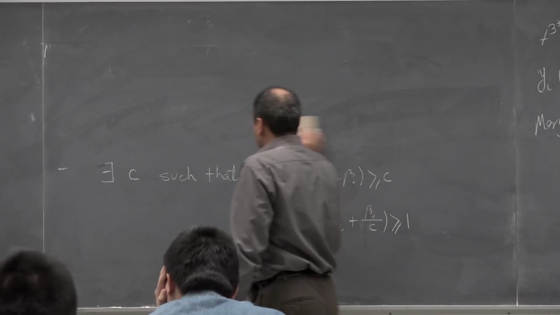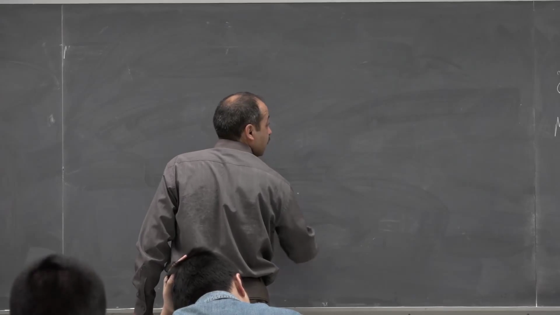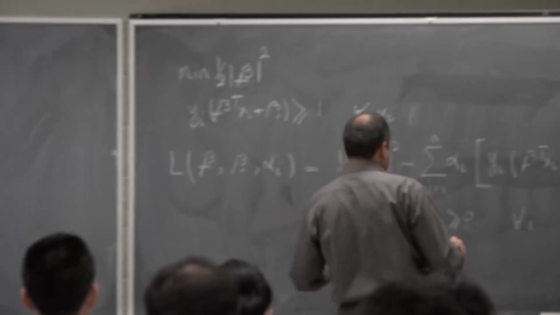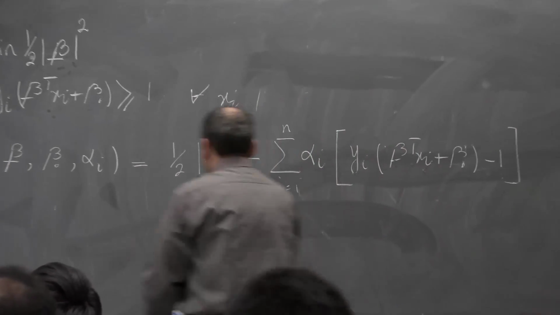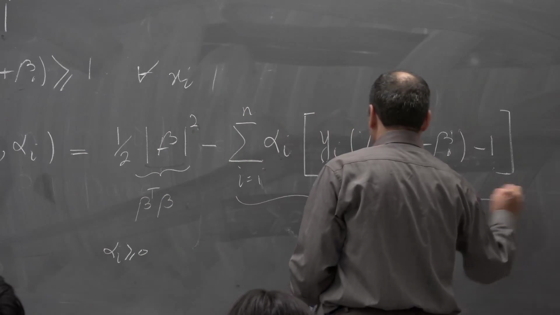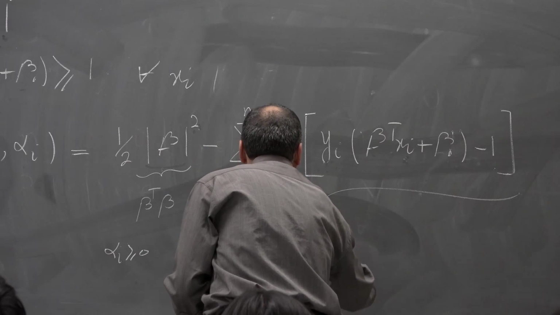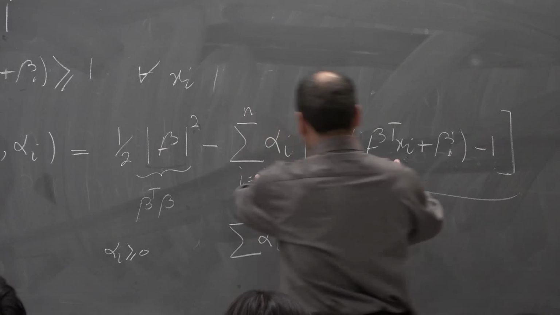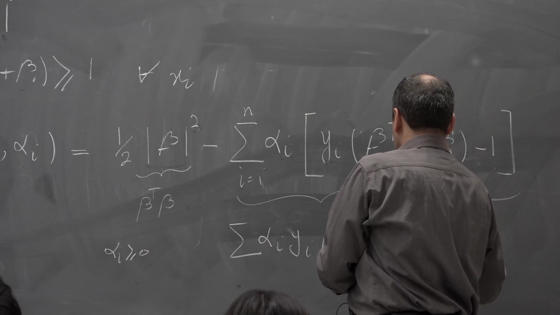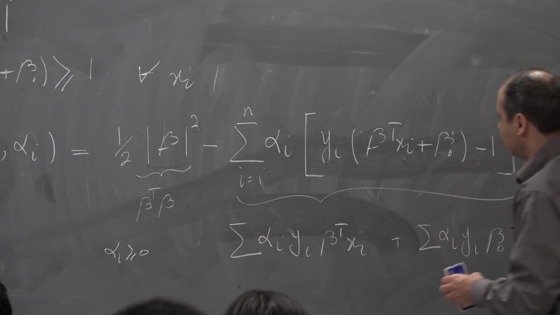So what about the second term? I'm going to expand this term here. I had this alpha i greater than or equal to 0. So let me expand this term. It is the summation of alpha i, yi, beta transpose xi, and then I have alpha i, yi, beta null, right?